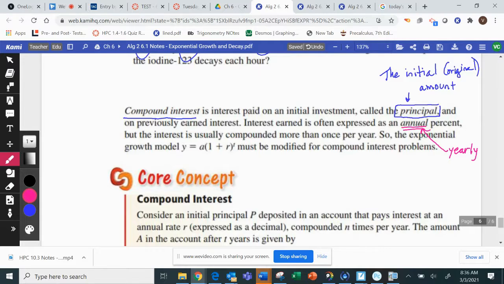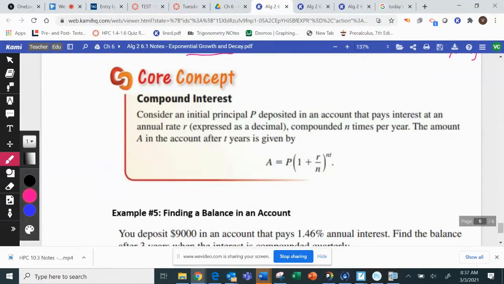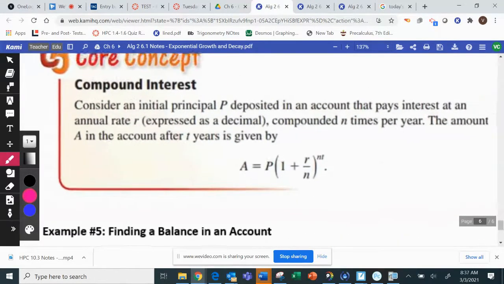So the exponential growth model, y equals a times 1 plus r to the t, must be modified for a compound interest problem. So what's happening is we have a yearly interest amount, but the investment actually does parts of the interest throughout the year, compounds it more than once. So this model is going to be tweaked a little bit. If we have a compound interest situation, this is the model that we're going to use.